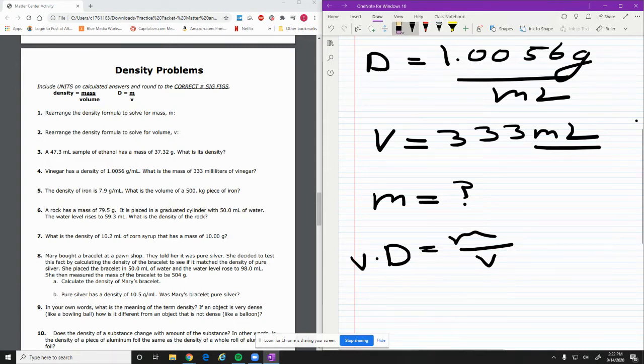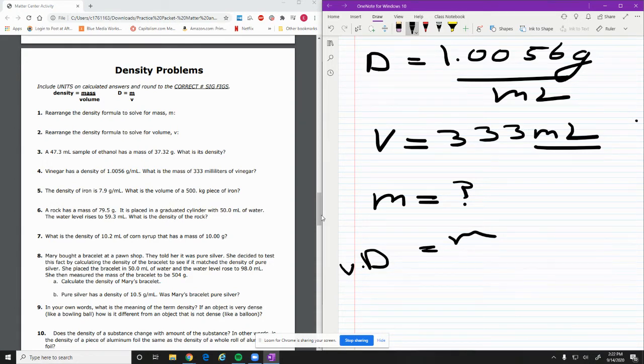And if that's not clear how I got there, I want mass by itself, so I multiply the volume out of there and I bring it over here, and that's how I got mass is equal to volume times density. Now that I have my formula, everything else is just plug and chug and then check for sig figs.